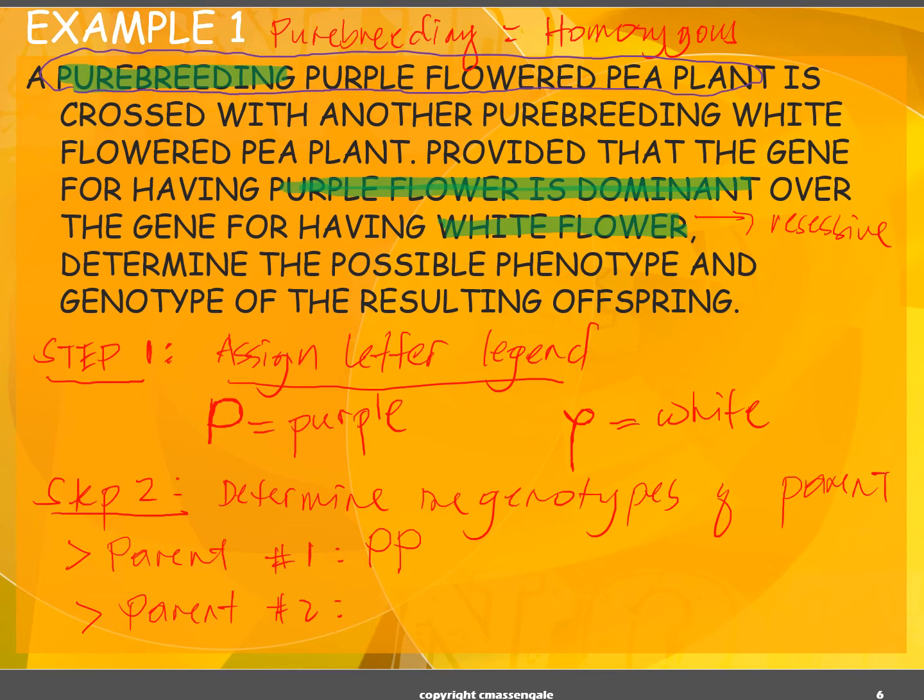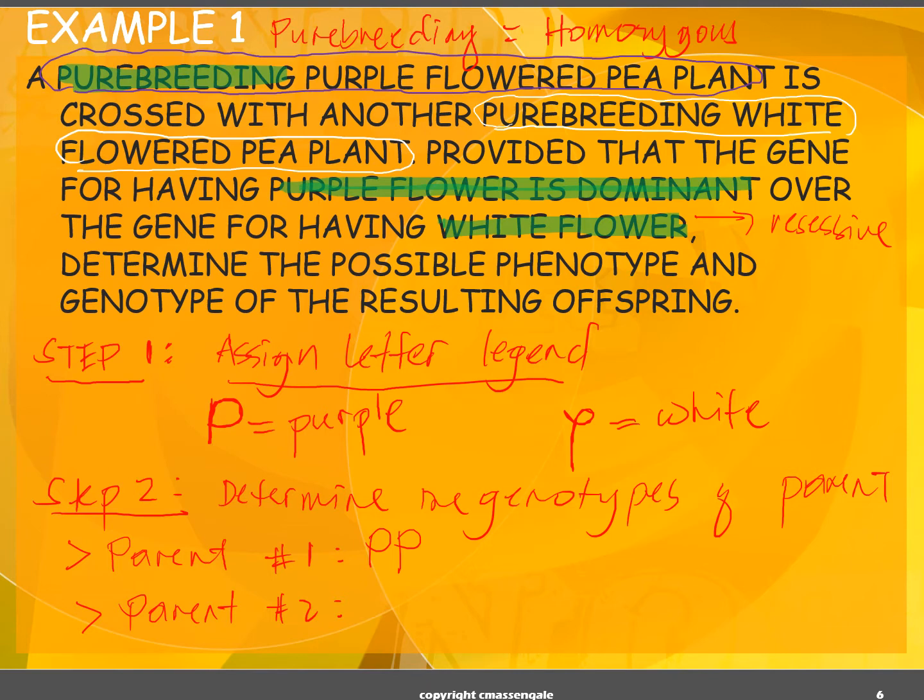Now, let's identify the genotype of parent number 2, which is crossed with another pure breeding white flowered pea plant. So let's mark it with color white. So this pure breeding white flowered pea plant is our parent number 2. Again, it's pure breeding, meaning it is still homozygous, but this time it is white.